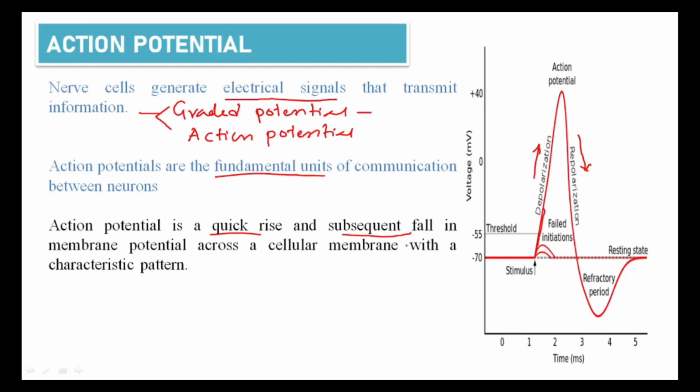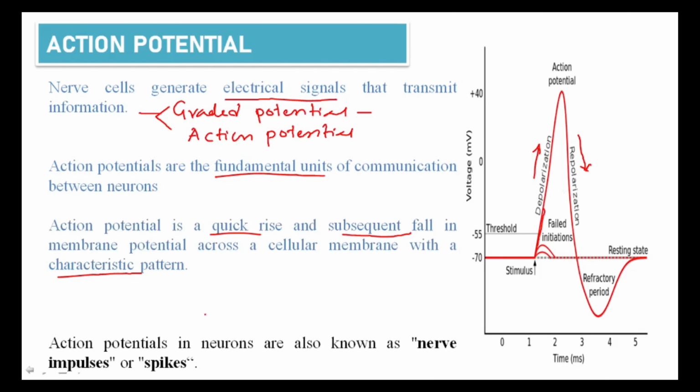These are changes in membrane potential, which we discussed in detail in our first class along with resting membrane potential, and these changes follow a characteristic pattern. Why are we talking about that? Because first there is a depolarization followed by the repolarization. Action potentials in neurons are also known as a nerve impulse or spike.